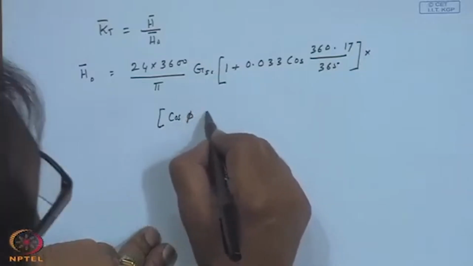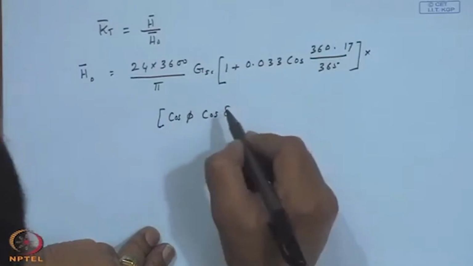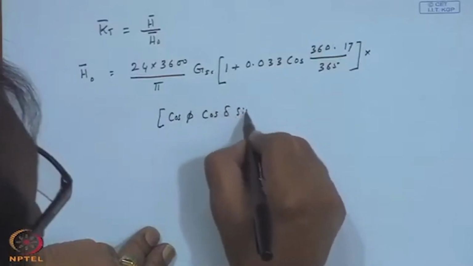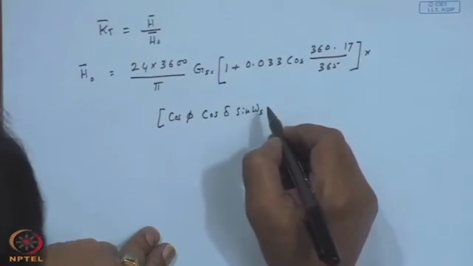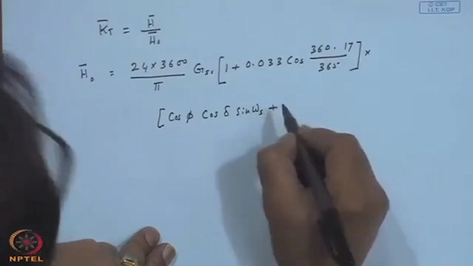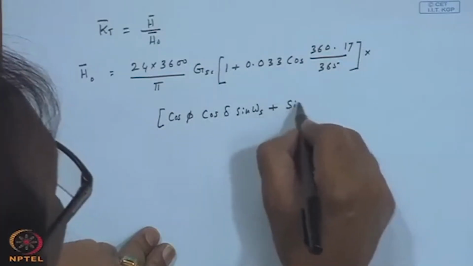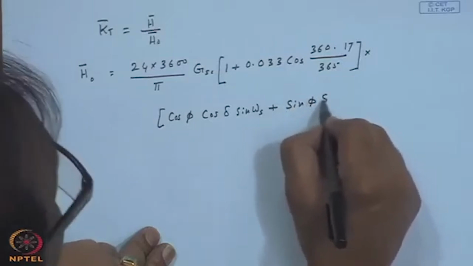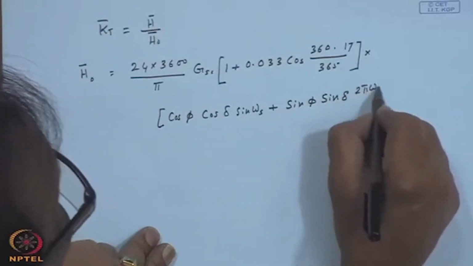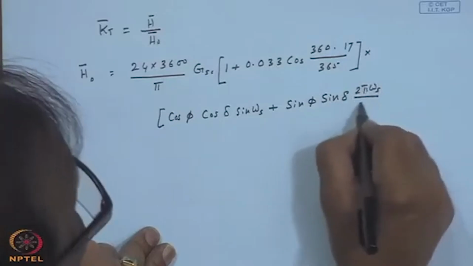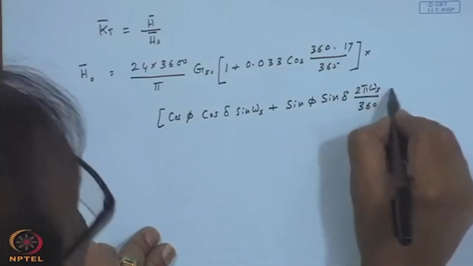Cos phi, cos delta, sin omega s plus sin phi, sin delta 2 pi omega s by 360.